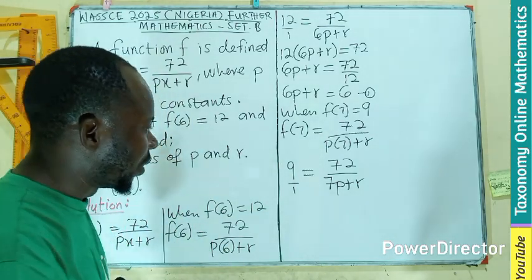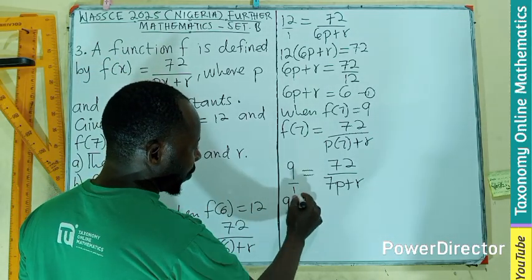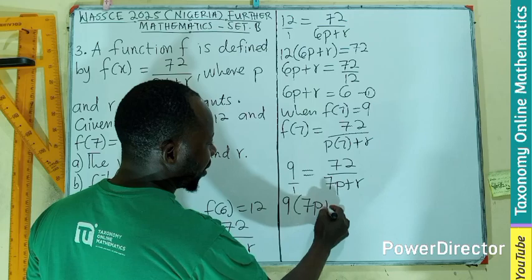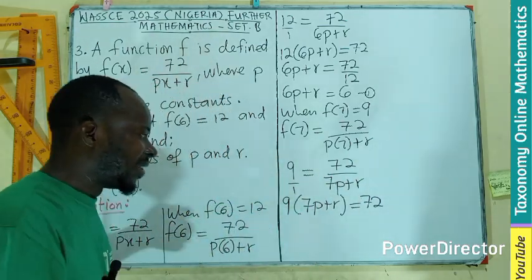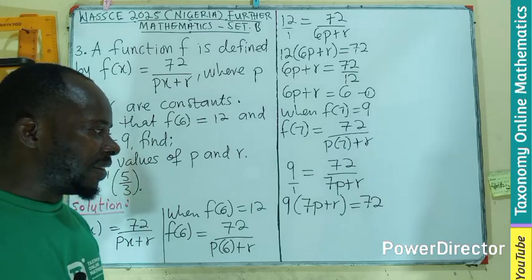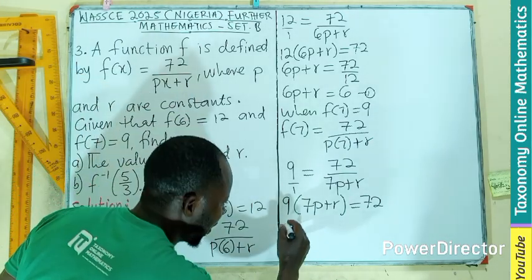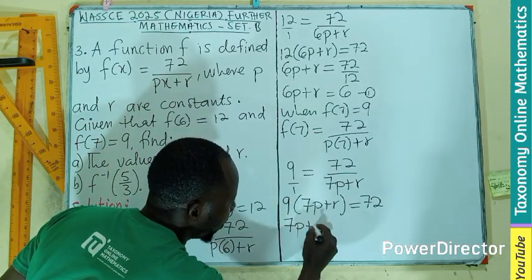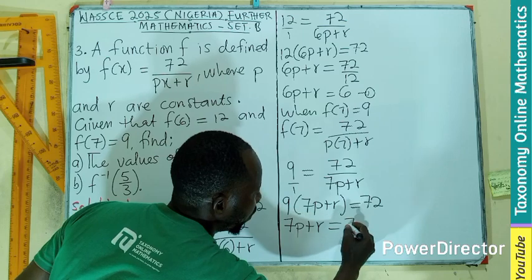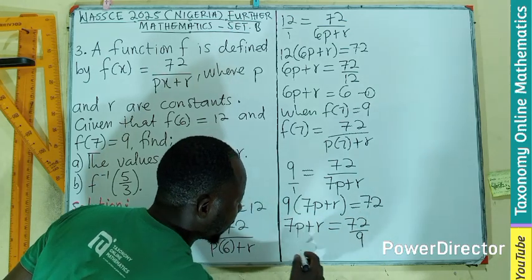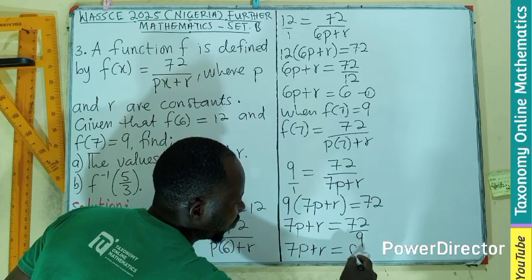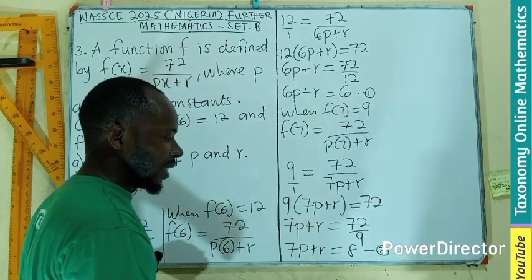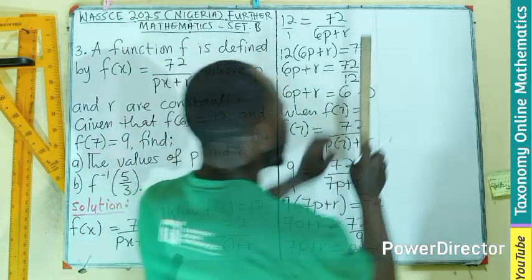Still, we cross multiply. So 9 will multiply 7p plus r, and 72 will multiply 1 and still remains 72. Let's divide again by 9 to free the 7p plus r equals 72 divided by 9. So 7p plus r will be 8. So we have the second equation.